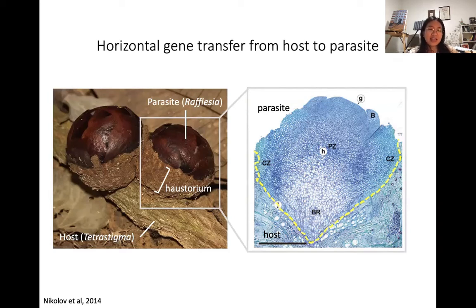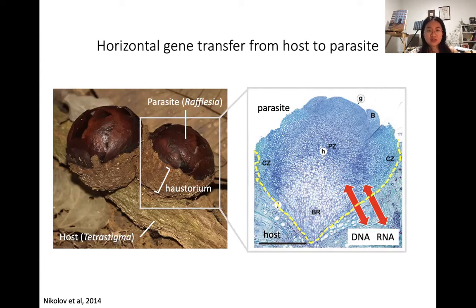One thing I want to highlight here is that, again, Rafflesiaceae is also connected with the host through this structure called haustorium. And both DNA and RNA are frequently exchanged between the host and parasite.